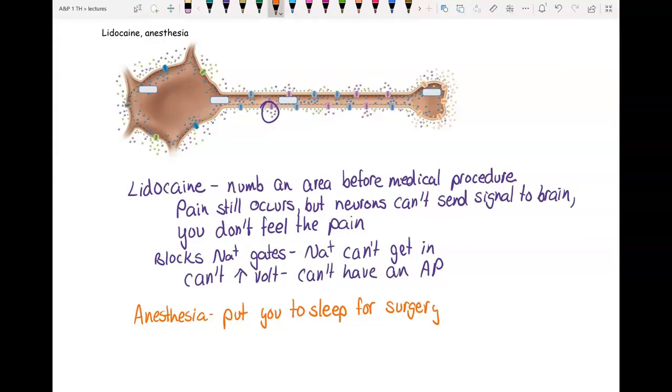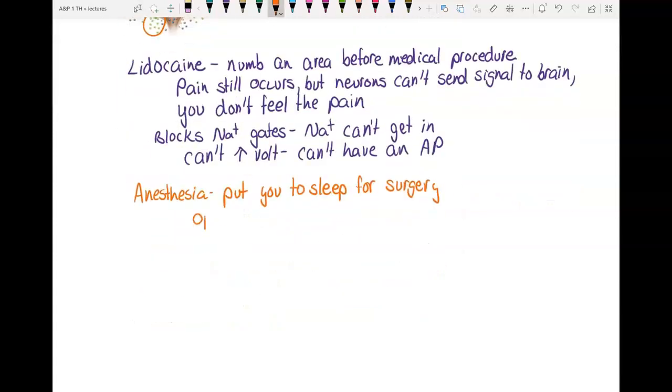This works by opening the chloride gates. So then chloride goes in and you reduce the voltage. So you hyperpolarize the neuron.